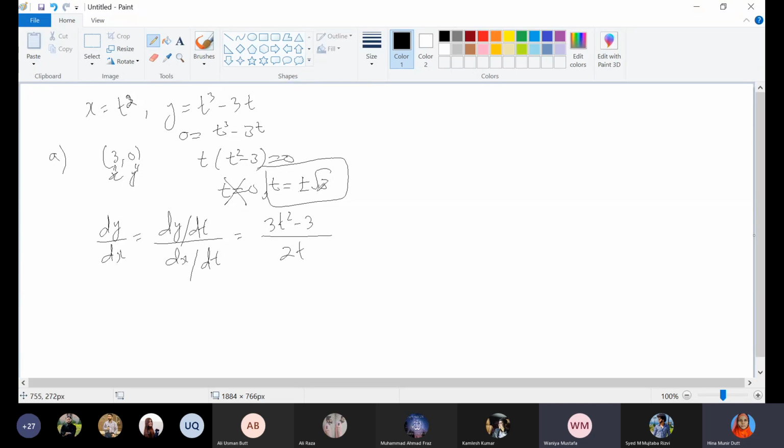Now put the value of plus minus root 3 over here. dy over dx at t is equal to plus minus root 3 is equal to 3 times 3 minus 3 over 2 times plus minus root 3. So what will I get?